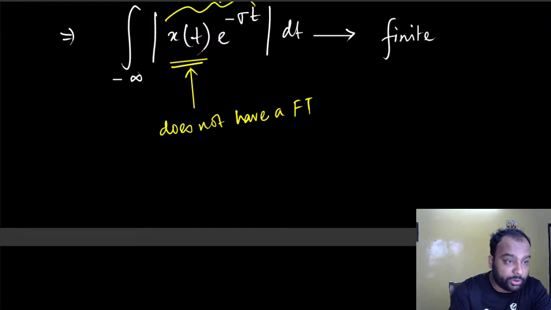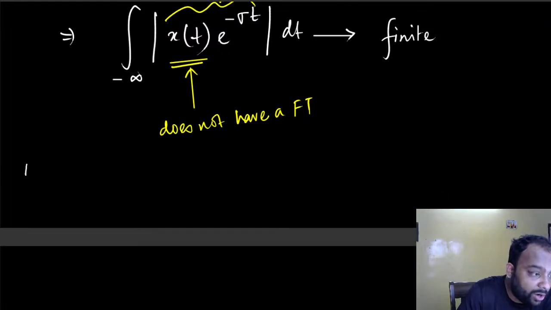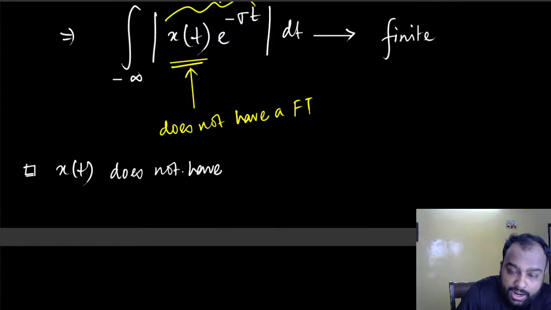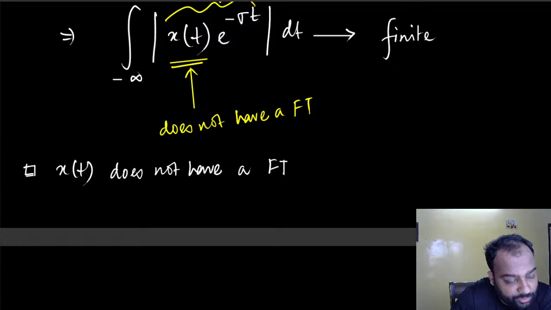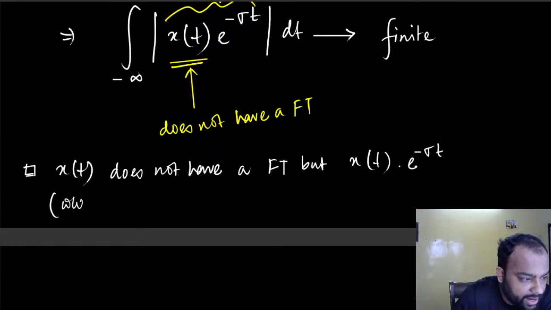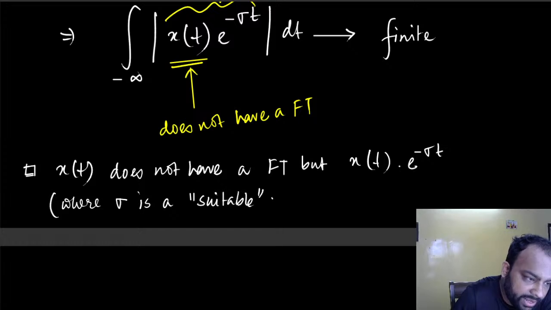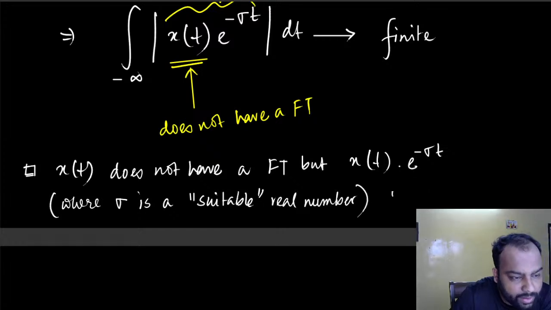So let me write it down for you so that you can follow properly. What we have essentially derived is that x(t) does not have a Fourier transform, but x(t) times e to the power minus sigma t, where sigma is a suitable real number, does.